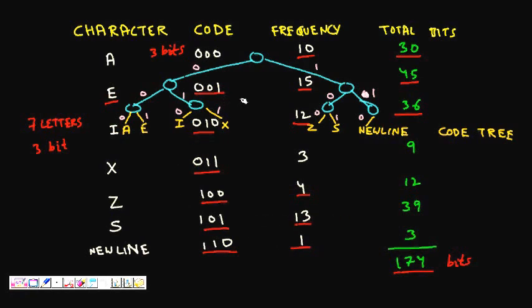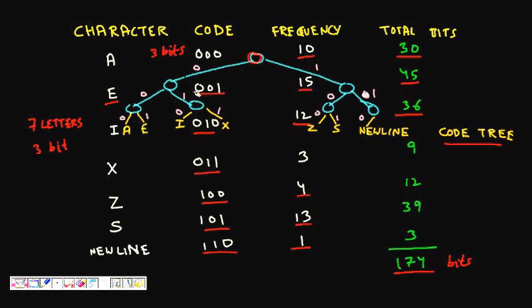Now we represent this encoding as a code tree. This is the root, and this is a binary tree, not complete but a full binary tree, where A is represented as 000. When we move left we put a 0, when we move to the right child we put a 1.